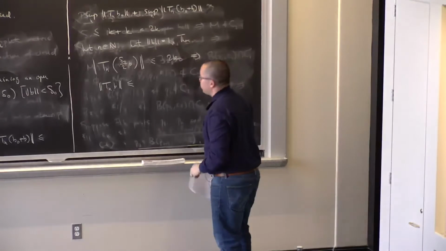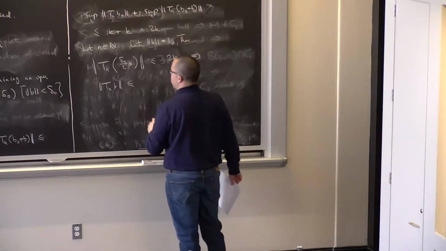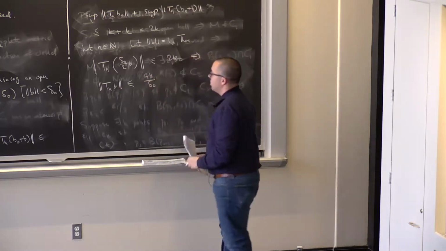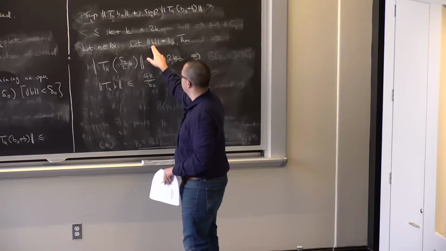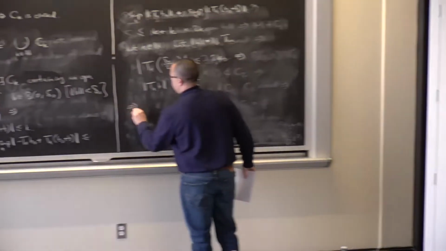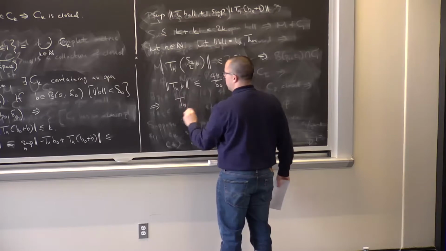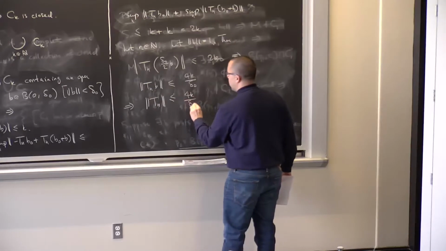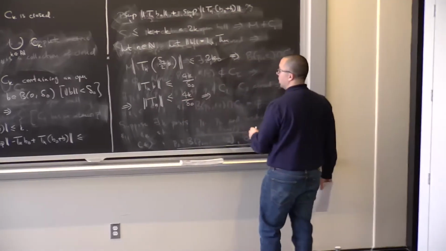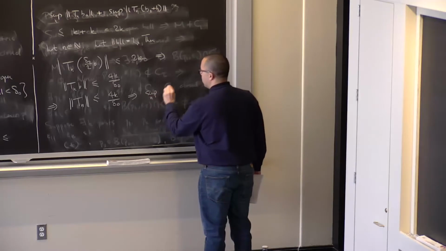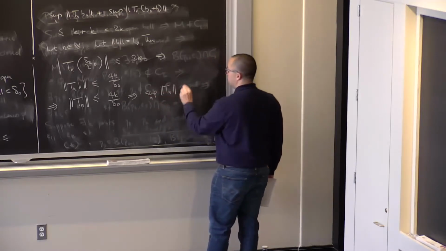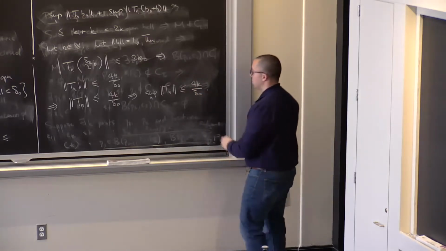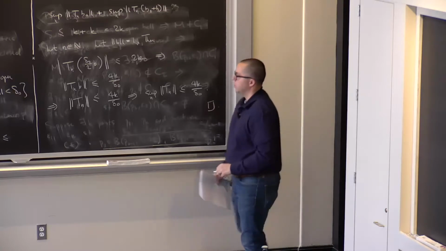Then the norm of T_n applied to b is less than or equal to 4k over delta_0. Now this holds for all b with length equal to 1, and therefore the operator norm, which is the sup over all b with norm equal to 1, is less than or equal to 4k over delta_0. This holds for all n, and therefore the sup over n of the operator norm is less than or equal to 4k over delta_0, giving us the uniform bound.